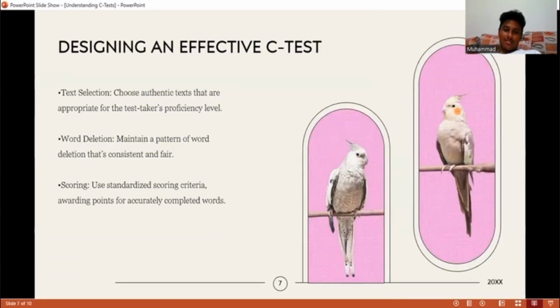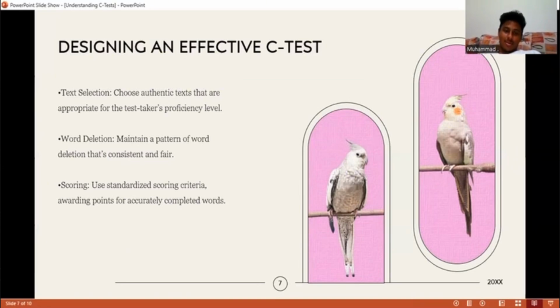Designing an effective C-test. Text selection: choose authentic texts that are appropriate for the test taker's proficiency level. Word deletion: maintain a pattern of word deletion that is consistent and fair.